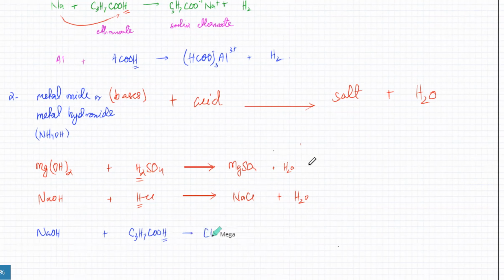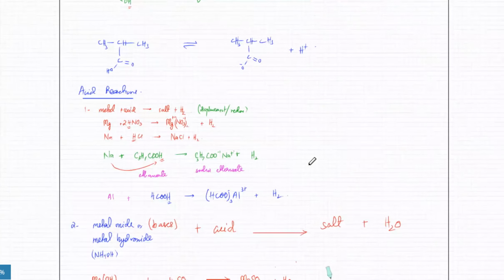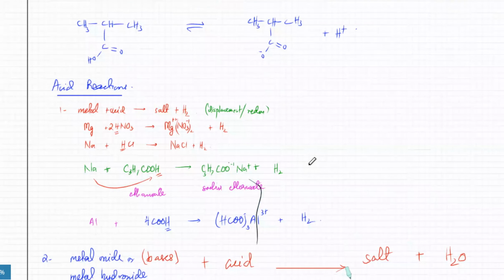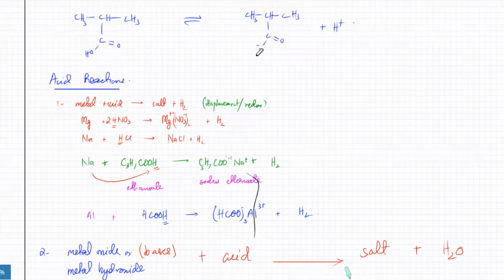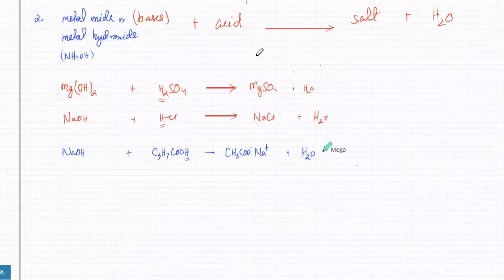So it's going to be C3H7COONa, plus water is going to be produced. Every time, remember it's this very specific H that we keep breaking; the metal comes in its place. So that's a metal oxide or metal hydroxide reaction with an acid.